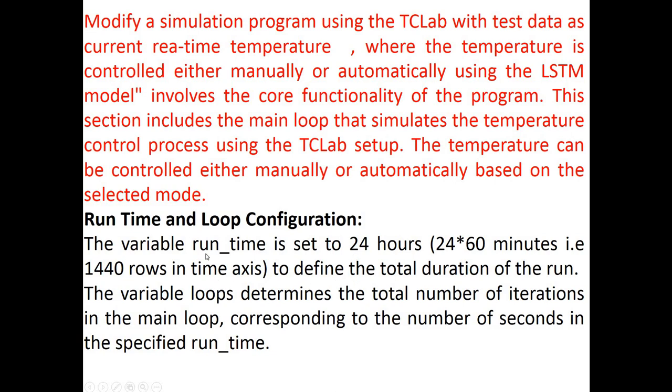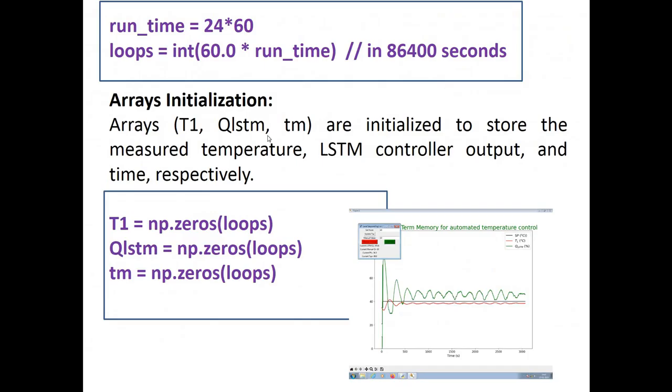Now the main thing is, you have to create a variable called runtime, which is, suppose for 24 hours you are going to display in the x-axis, then 24 multiplied by 60 minutes, that is 1440 rows in the time axis will be reserved for this. Now in seconds it will be 86,400 seconds in the x-axis, and you simply initialize with zeros T1, QLS.